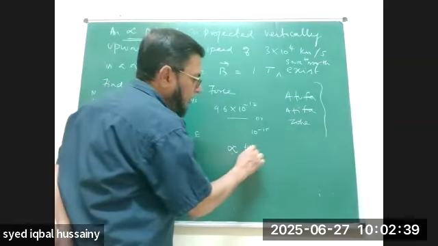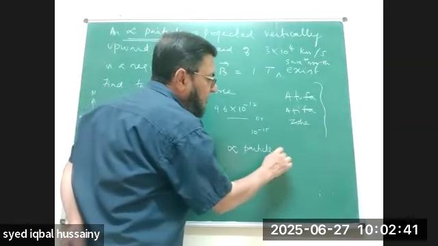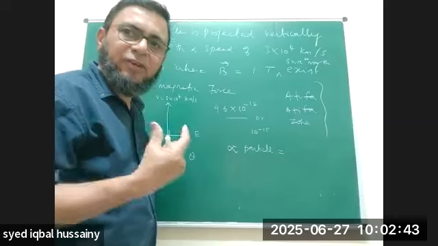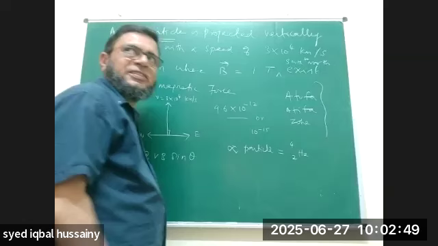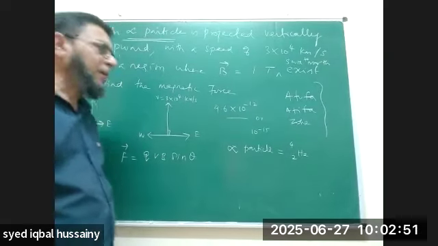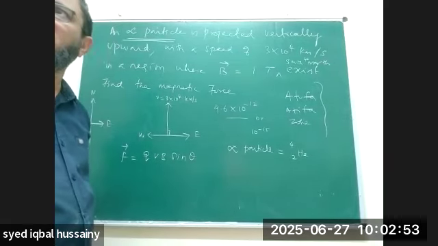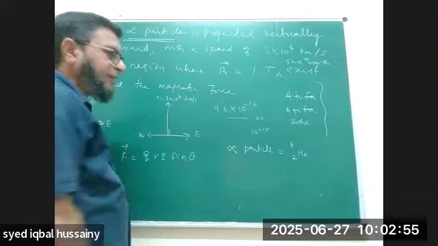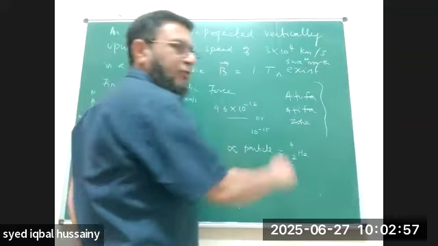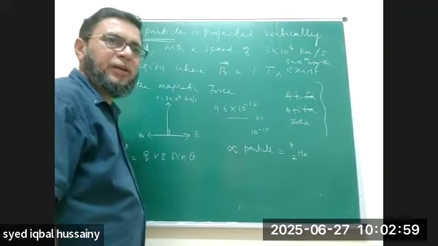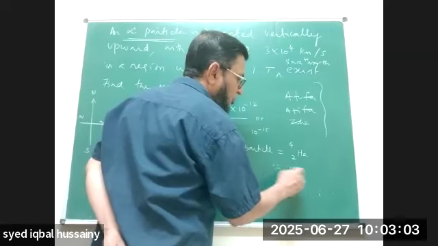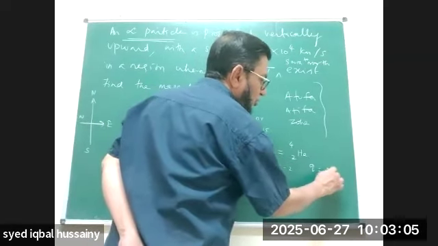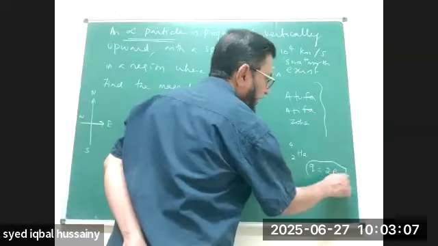Till the 14th chapter remember this. 2He4, the helium atom. So the charge is plus 2E. Charge is 2E.